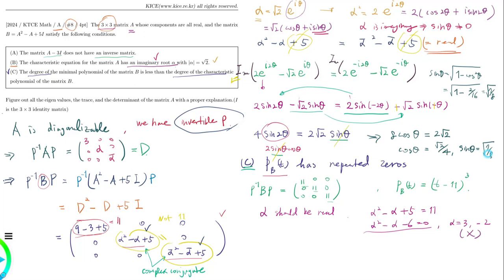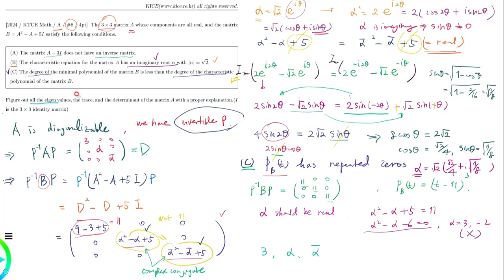Okay, so you get the whole result for the value of eigenvalue alpha, which is square root of 2 times square root of 2 over 4 plus I times square root of 7 over 8. Okay, so you get the whole set of eigenvalues, which are 3, alpha and alpha bar.